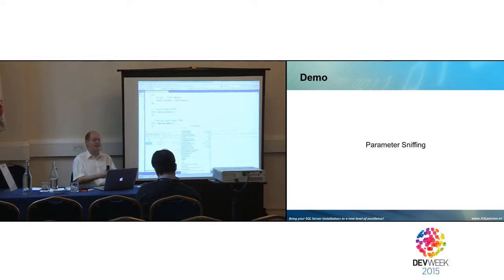Means instead of performing that bookmark lookup just once, we perform that bookmark lookup 1,499 times. Over and over and over again, means our I/O costs are just exploding. Just think about that. A very simple traditional stored procedure.